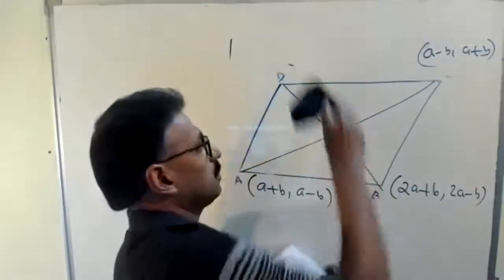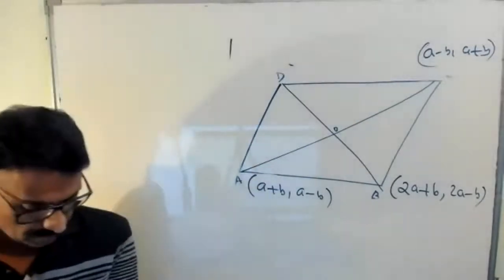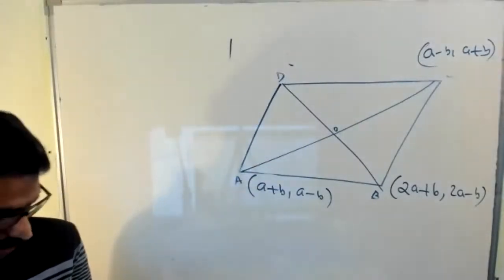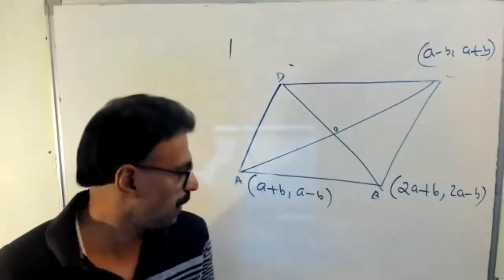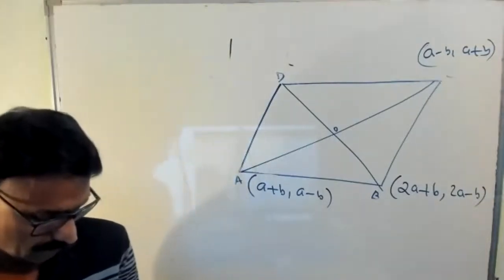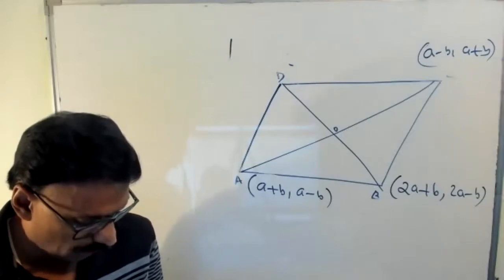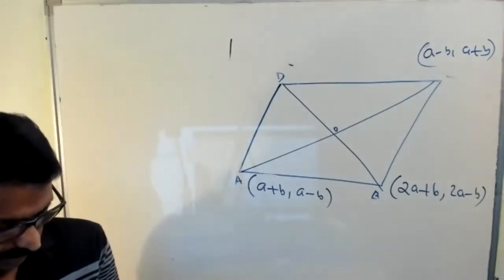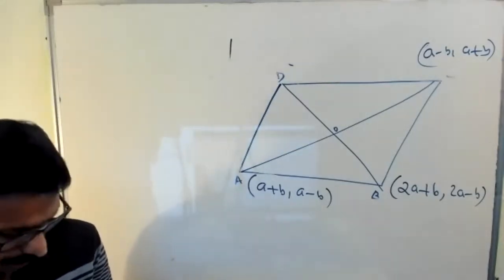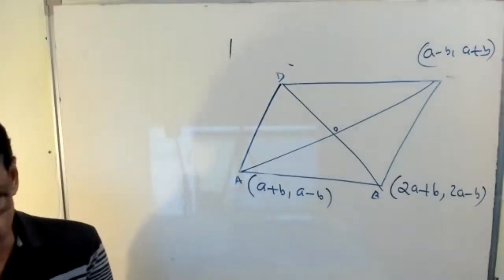Find the fourth vertex. Once again: the vertices are (a+b, a-b), then (2a+b, 2a-b), next (a-b, a+b). Find the fourth vertex.